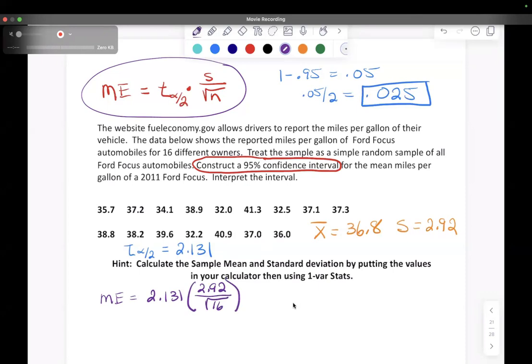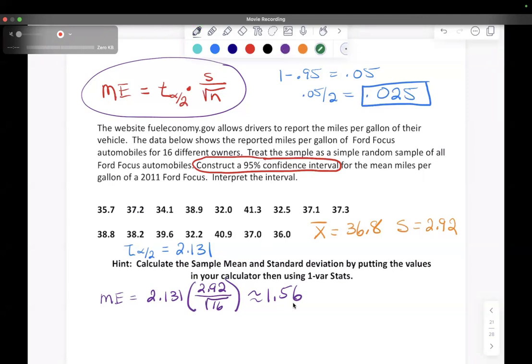So just put that in your calculator. All right, still with me?